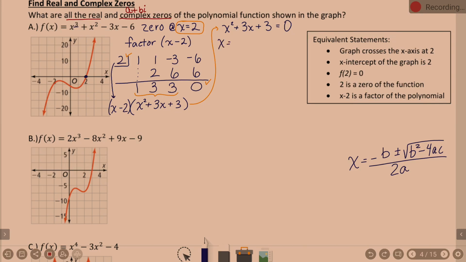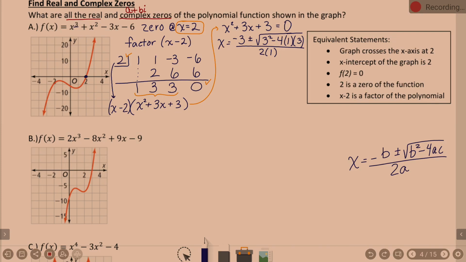Negative b. What is b? 3. So negative b is negative 3 plus or minus the square root of b squared. What is b? 3 squared minus 4 times a, which is 1, times c, which is 3, all over 2a, 2 times 1.